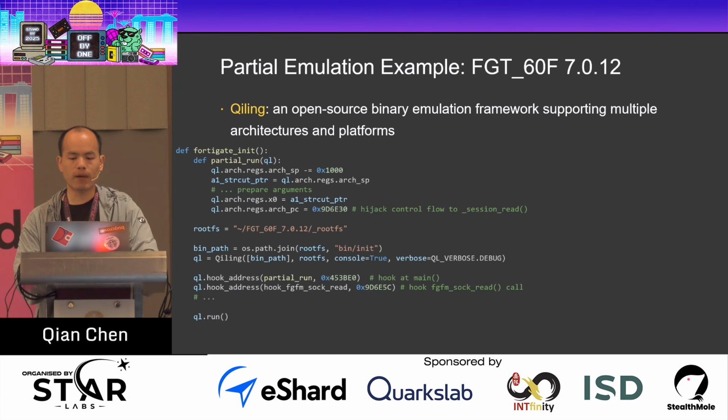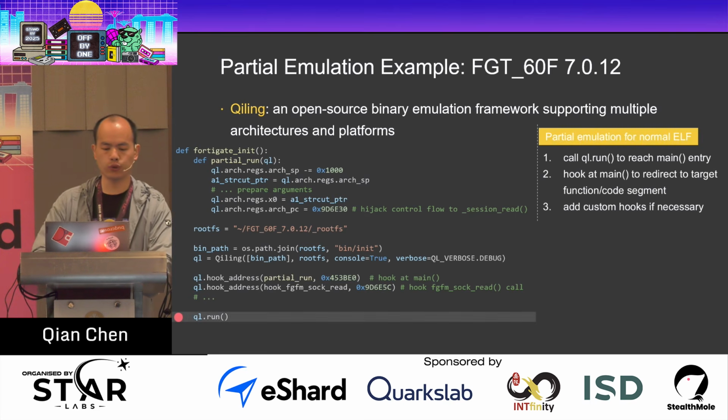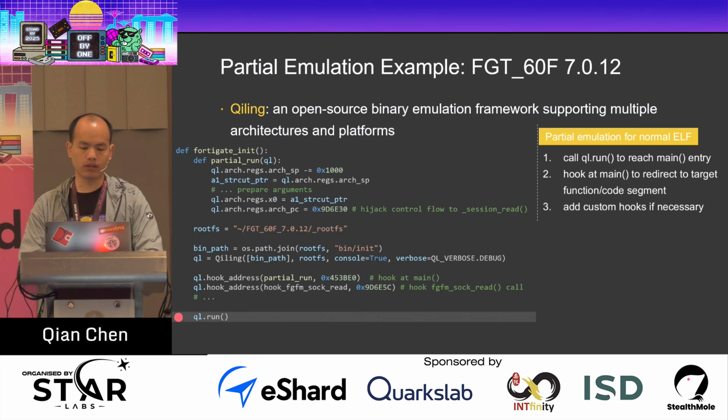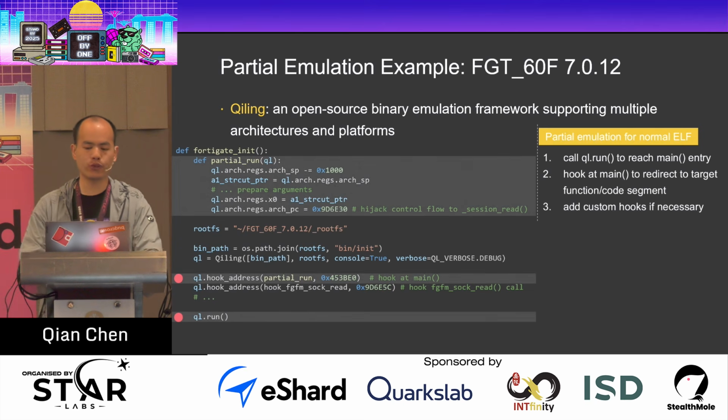The basic workflow for partial emulation of a normal ELF binary using Qiling typically involves first calling ql.run to reach the main entry point, which allows the dynamic linker to load and map the ELF binary and its required shared libraries into memory. Then setting a hook at main to redirect execution flow to the target function or code segment, while performing required initialization. Adding additional hooks if necessary.